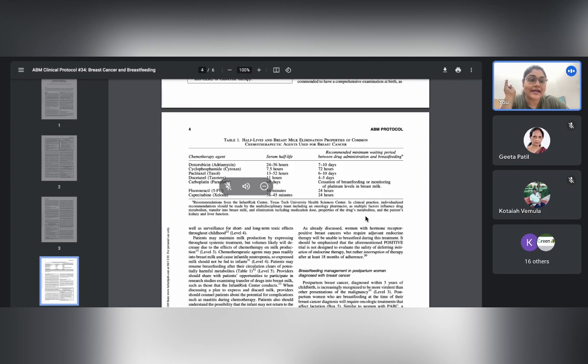So it is not entirely contraindicated for cancer patients, but there are some situations where the mother cannot breastfeed while taking the chemotherapy sessions. But it is not contraindicated throughout the entire period. So even mothers who might have cancer are capable of breastfeeding very safely.